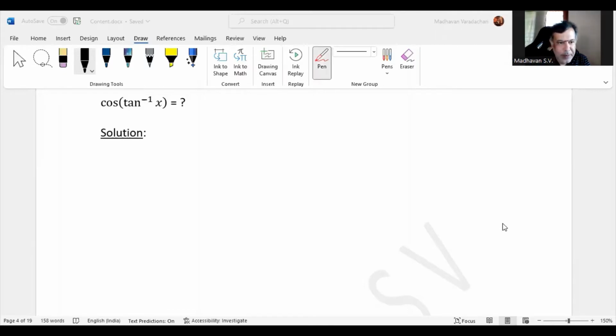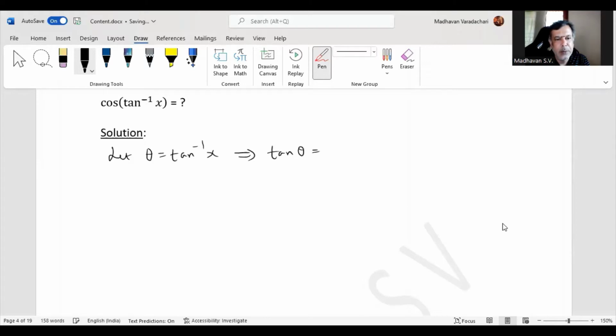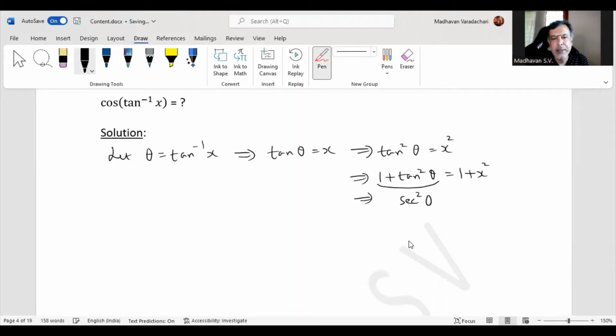So first of all, let us assume theta equal to tan inverse of x, which means tan theta is equal to x, or we can say tan square of theta is nothing but x square, or we can add both sides by 1. 1 plus tan square theta is 1 plus x square, and 1 plus tan square theta is nothing but secant square theta, and that is 1 plus x square.